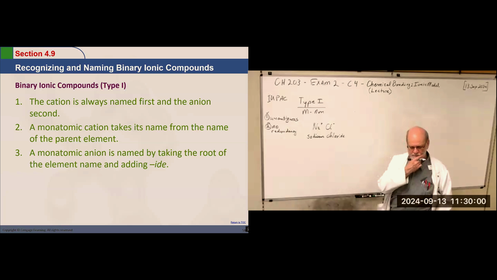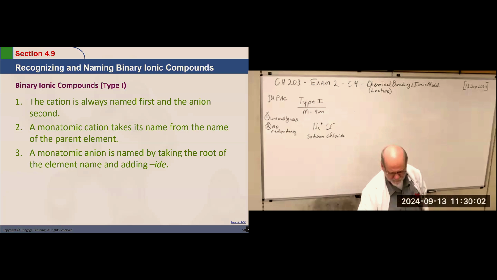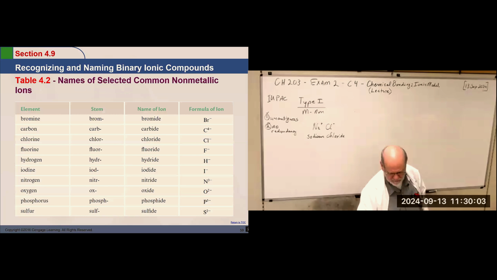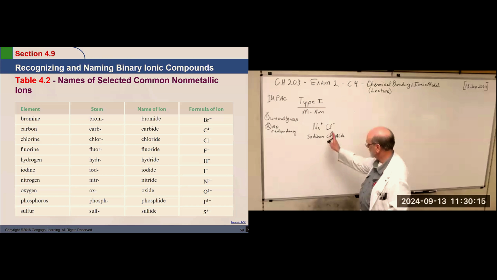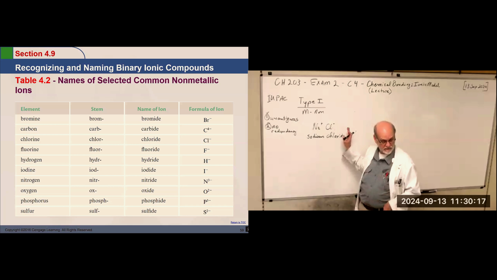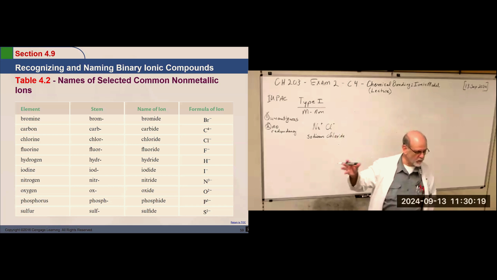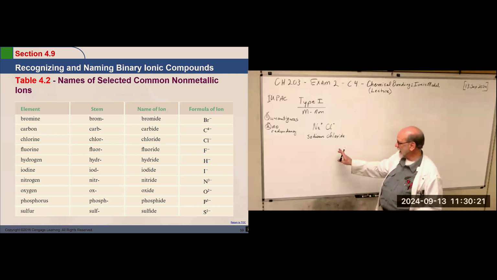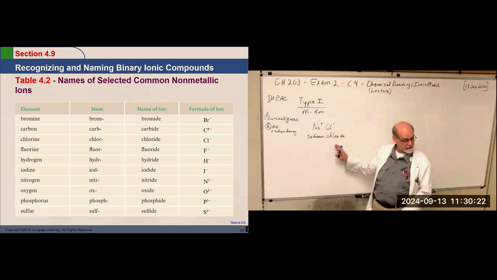Let's try something else. Well, let's see. We probably got examples. Well, there are some of the elements. The IDE ending is common across all the anion positions. So bromine would be bromide. If carbon were an anion, it would be carbide. Chlorine, we did that one already.